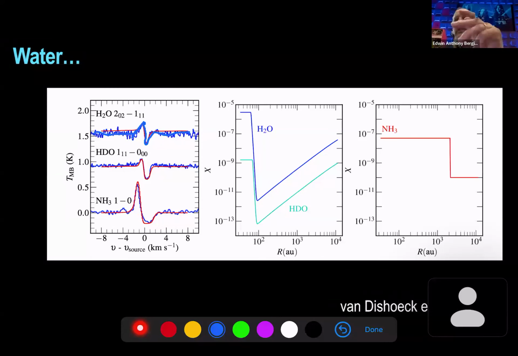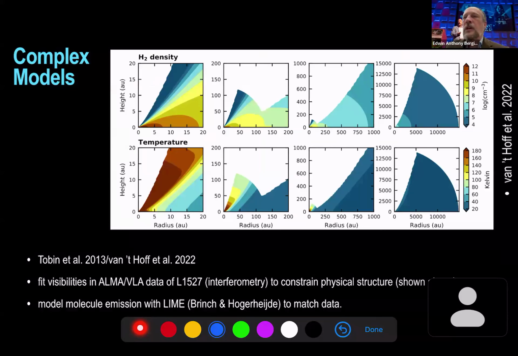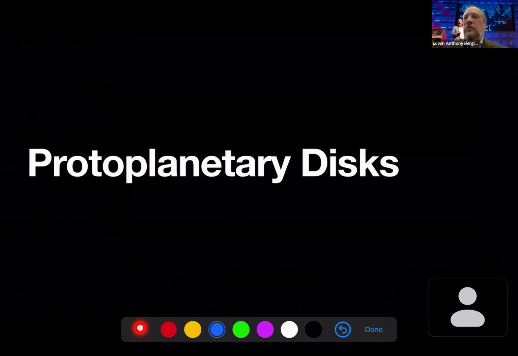And this is telling you that there's some cold stuff that's absorbing in front of some warmer stuff. And so Ewine's students were able to show that here's the cold stuff and here's the warmer stuff. And they were able to work out the water abundance along the line of sight. I'll skip over the complex molecules so that we can get to disks.